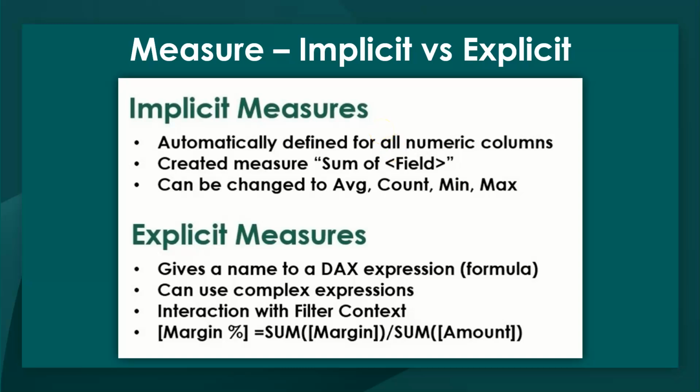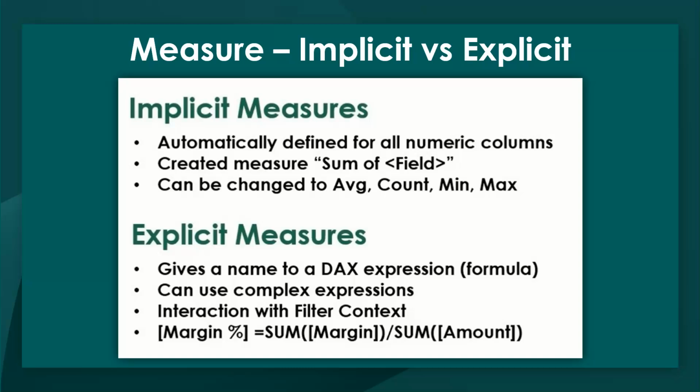So the calculation which is already available within the pivot table is basically called an implicit measure, where the user has not typed or written that entire formula or function to get that number. You just drag and drop all those fields into the values and the numbers automatically come in the pivot table.